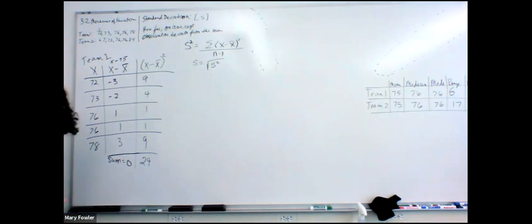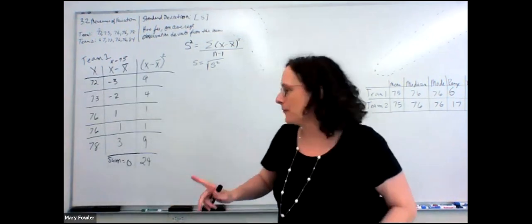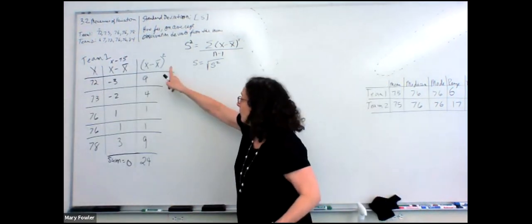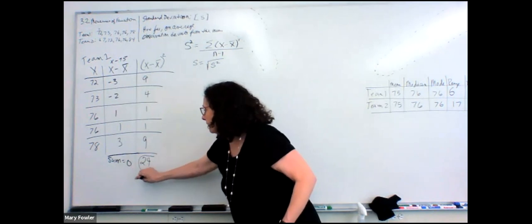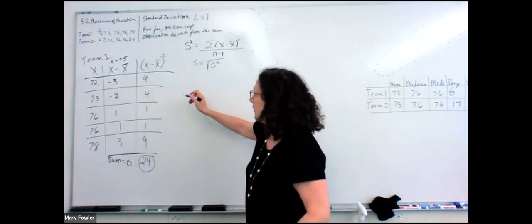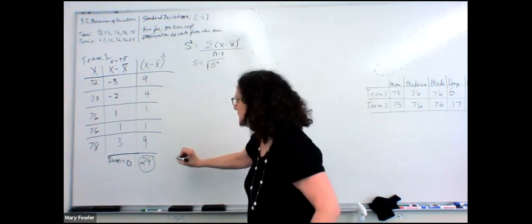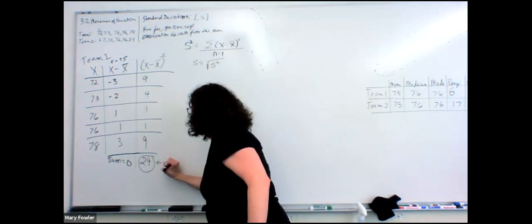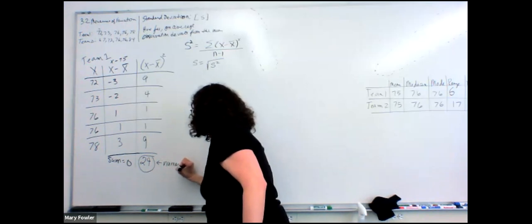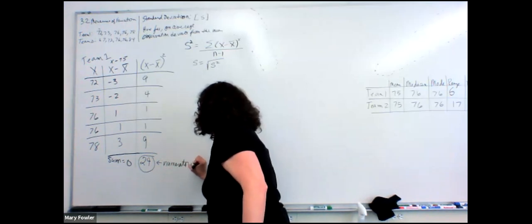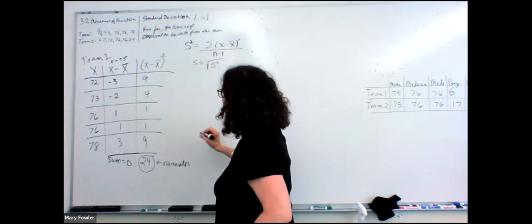Okay, so we have this number here, 24, which we got from squaring and then summing all the deviance. So this is actually my numerator. Right, that's my numerator.